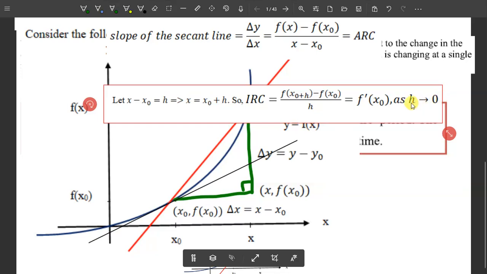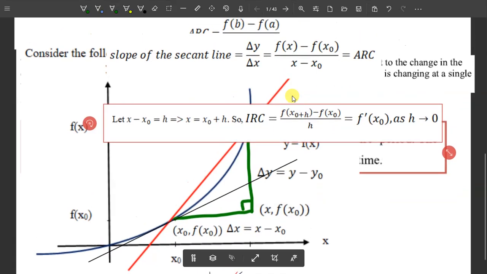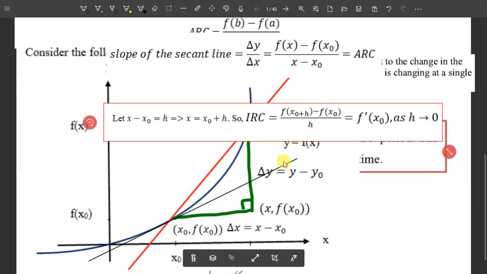If this limit is omitted, then this is simply the slope of the average rate of change. In that case, we say this is the slope of the tangent line, the black one. It is the slope of this black one.